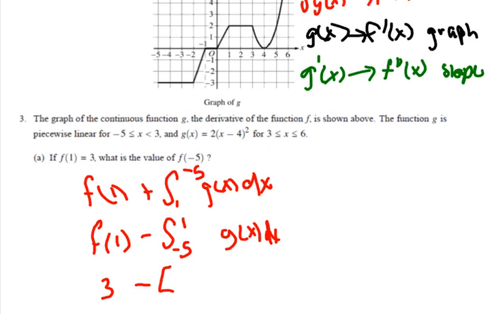So if we go from -5 all the way here to -1, right, we have a trapezoid.